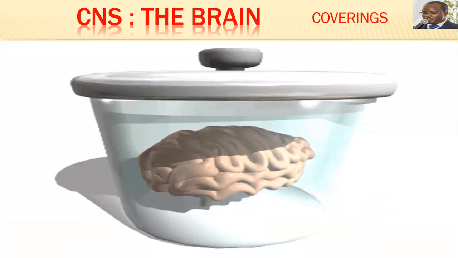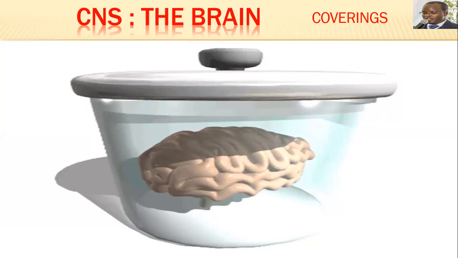For instance, if you traumatize yourself, maybe you hit your head against something, there is that buoyant function of the cerebrospinal fluid that works like a shock absorber so that the brain doesn't move so much when the trauma takes place. So it's going to protect the brain.